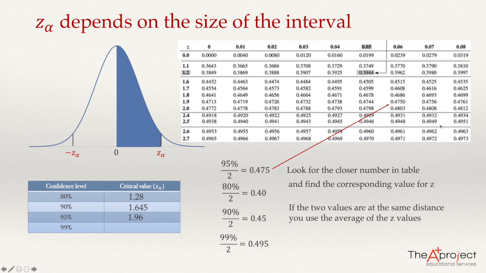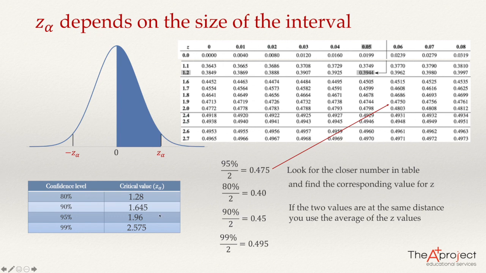These two numbers are equally close to 0.495, and for that reason, I'm going to add together these two z values and divide by 2. 2.57 plus 2.58, divided by 2 is 2.575, which will be the critical value corresponding to a confidence level of 99%.